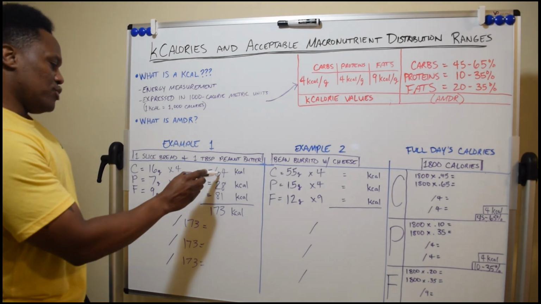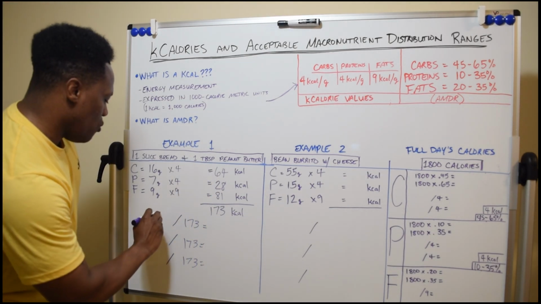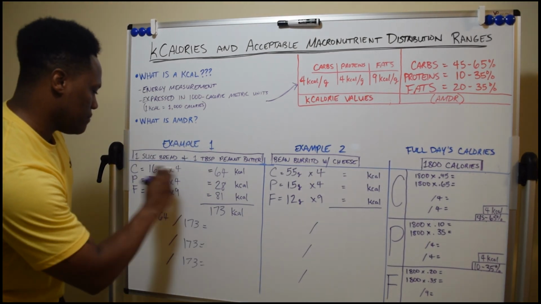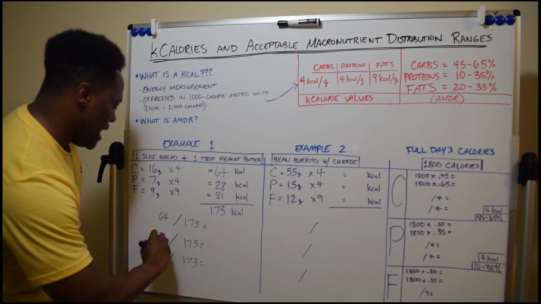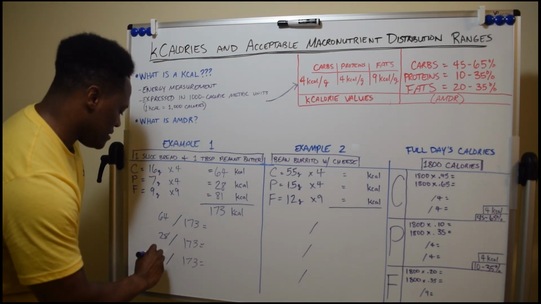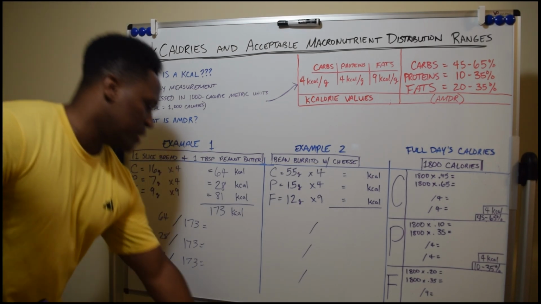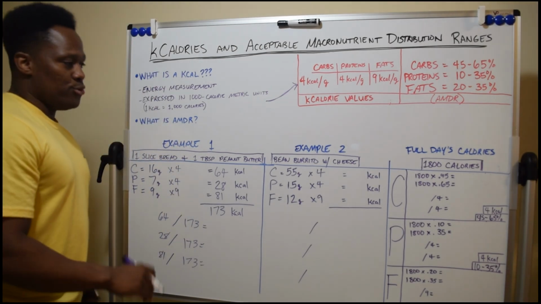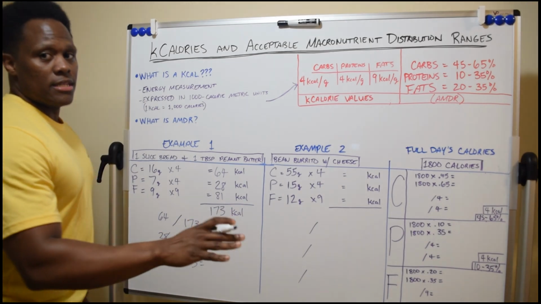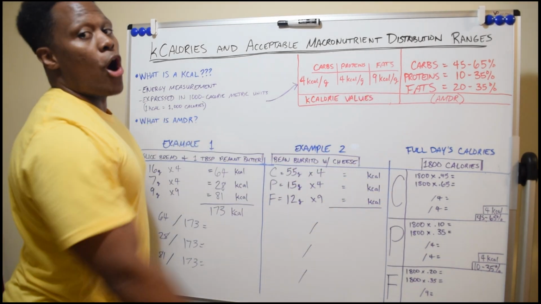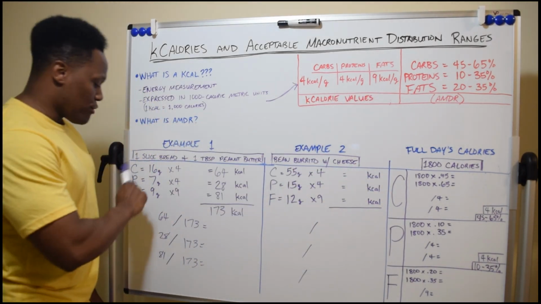So what you'll do is you will take 64, right? This is for carbs. The proteins, that's 28, and then the fats is 81. So what you're going to do is divide these values, and that's going to give you your AMDR values, okay? That's for each macronutrient.